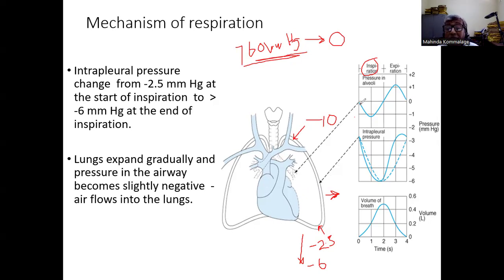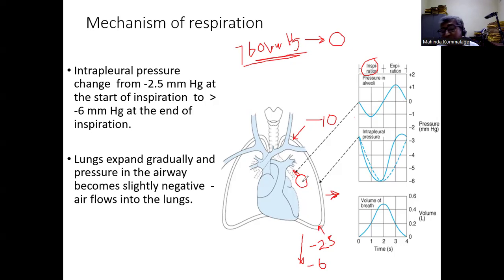So at the beginning, alveolar pressure is atmospheric pressure. At the beginning of inspiration, let's just draw the alveolus here, right? The alveolus is connected to the respiratory tract, so pressure here is exactly the same as atmospheric pressure. There is therefore no pressure gradient just when we start inspiration.